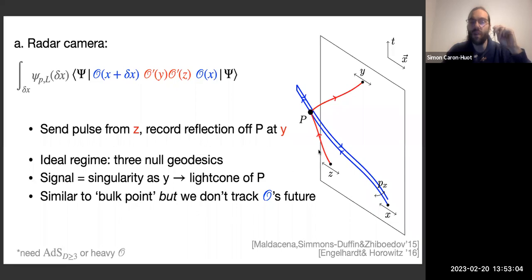Technically, how we're going to calculate this object would be very similar to the so-called bulk point singularities analyzed in these papers. In fact, the only thing we changed is the operator ordering. That's the only change compared to this paper.